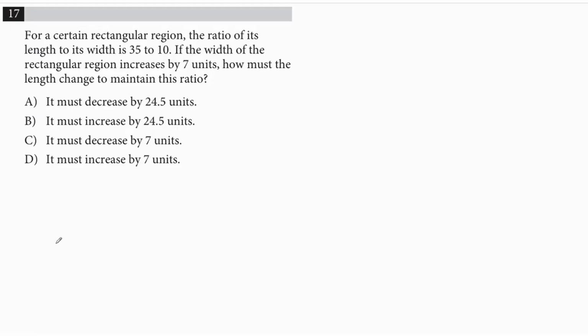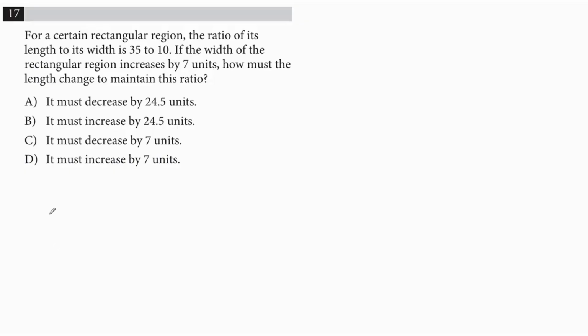Is it A, it must decrease by 24.5 units? B, it must increase by 24.5 units? C, it must decrease by 7 units? D, it must increase by 7 units.